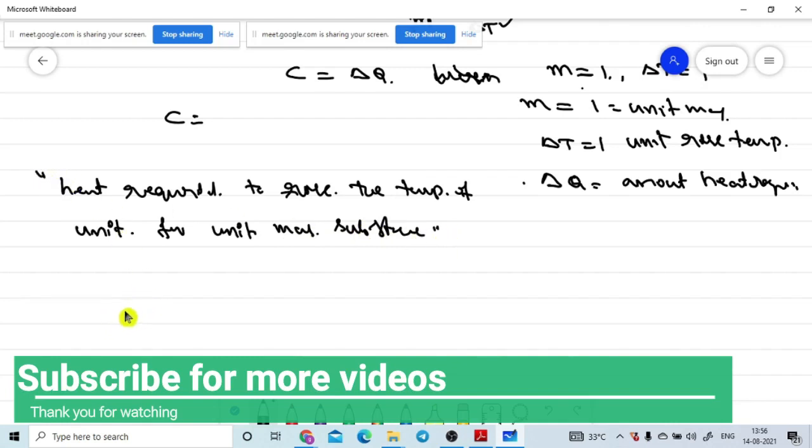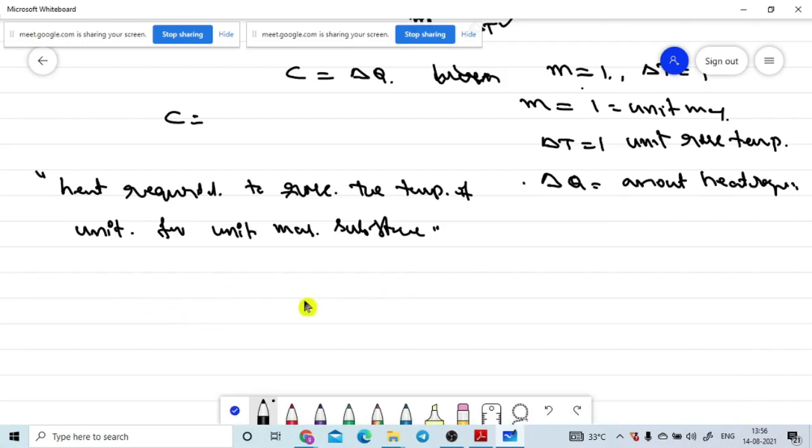So specific heat capacity: C is equal to delta Q by delta T. I am taking delta Q by delta T, and 1 by m I forgot. So then I will write delta Q is equal to m into C into delta T. Can we write now?